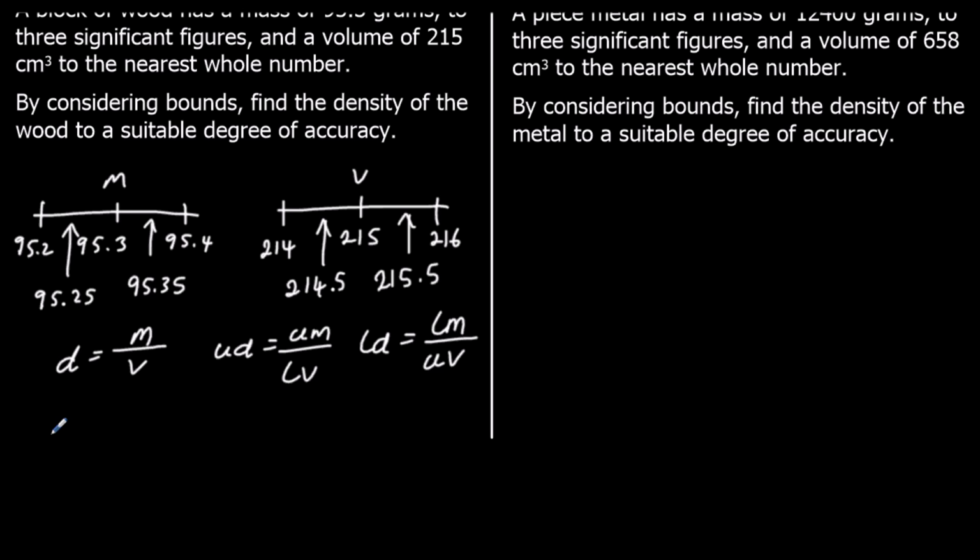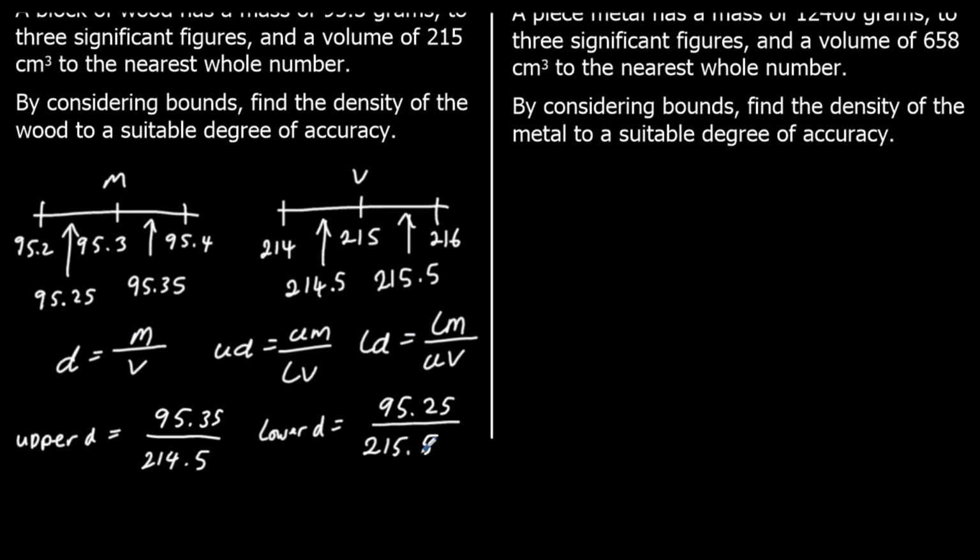For the upper bound for density, it's going to be the biggest possible mass, which is 95.35, divided by the smallest possible volume, 214.5. So to get a bigger answer, we're dividing by a smaller number. And the lower bound for density is going to be the smallest possible mass, 95.25, divided by the biggest possible volume, 215.5.